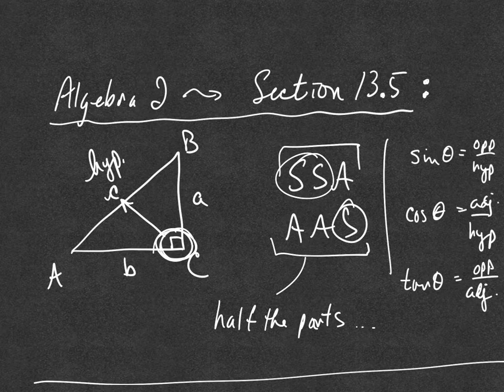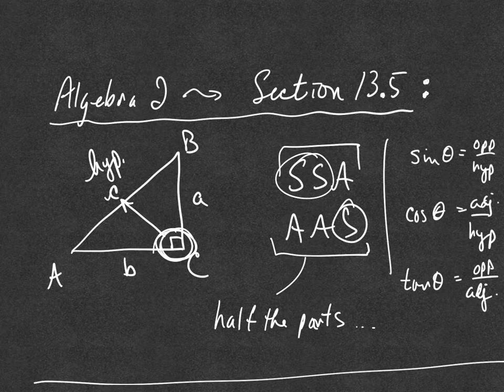But unfortunately, not every situation in real life will be representable with a right triangle. Other times we have different types of triangles. So we're going to have two other tools to help us find the missing pieces of a triangle when we do not have a right triangle.